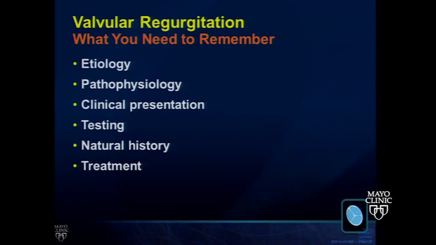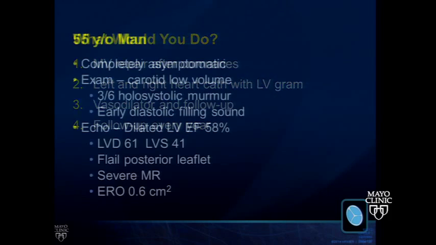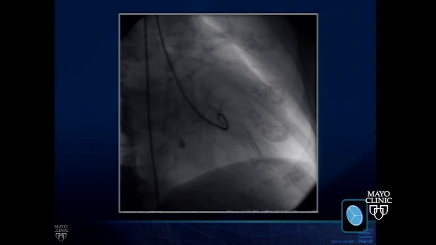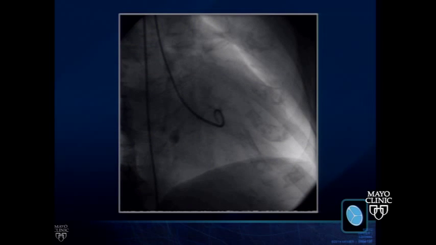So, you want to talk about your reasonable to consider? Yeah, reasonable to consider. Don't have to do it, except, go back to the case. Here, the left ventricular systolic dimension is 41 millimeters.